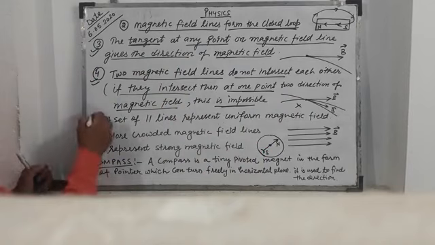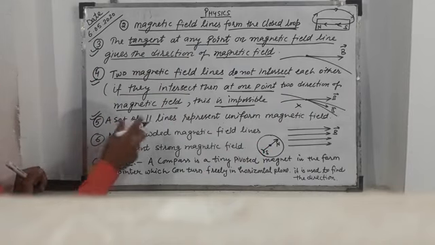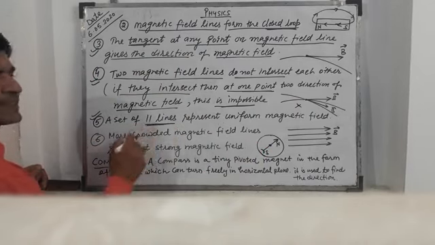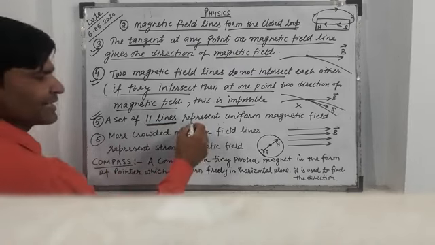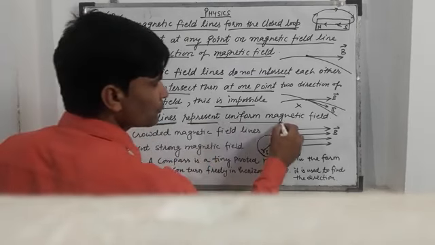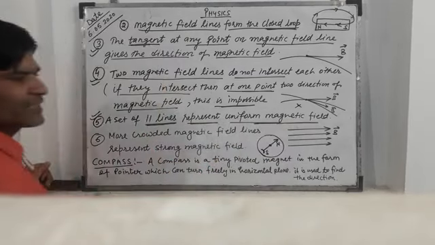Now the fifth property is a set of parallel lines. A set of parallel lines represents a uniform magnetic field.